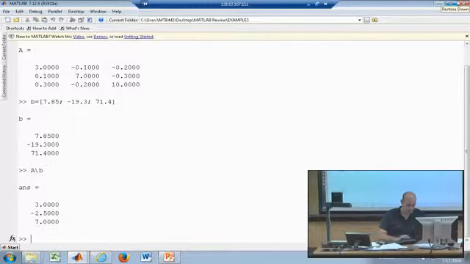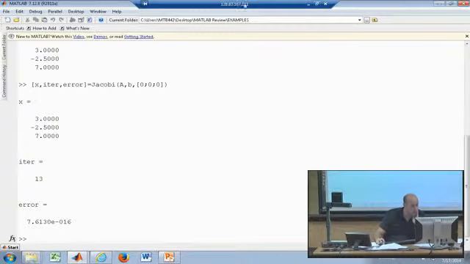But let's say I want to use my method. I'm going to send A, B, and my guess values, just 0, 0, 0. See if that works. It's going to calculate the solution, the number of iterations, and the error. Oh, it worked. Look at that. It got x equal to 3, minus 2.5 and 7. It took 13 iterations. Remember when we did it by hand, we only did 2, but the error it got down to was ridiculously small, like 10 to the minus 16, and you could tell because it looks like the exact answer.